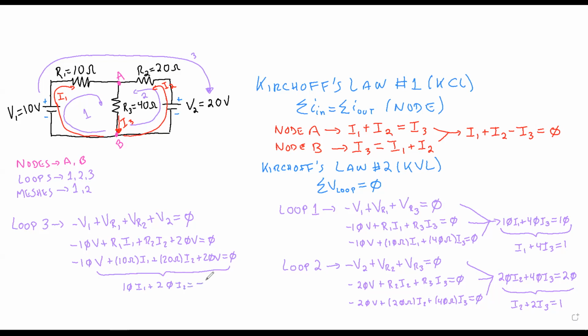When I send it to the other side, it's going to be negative 10. And I can divide everything by 10, and this can also be converted into I1 plus 2 I2 equals minus 1.